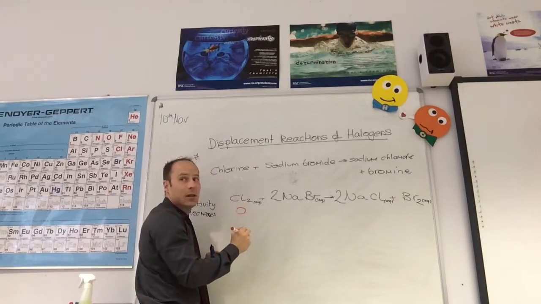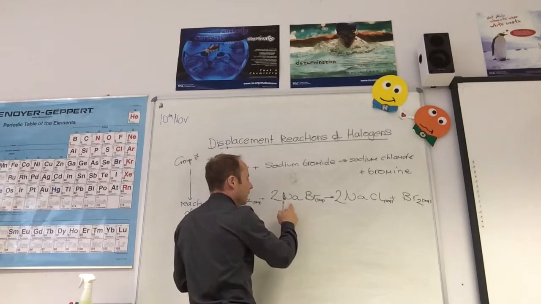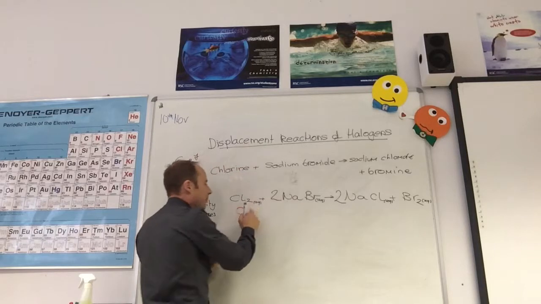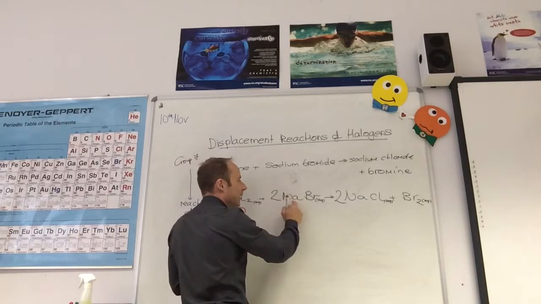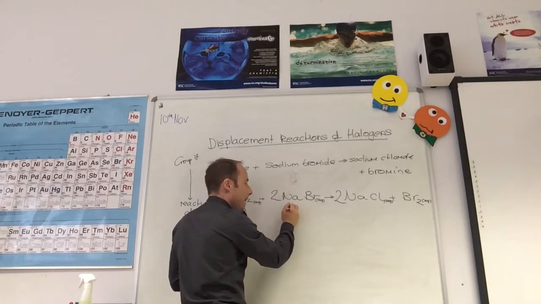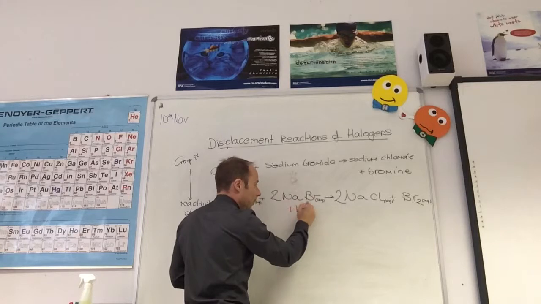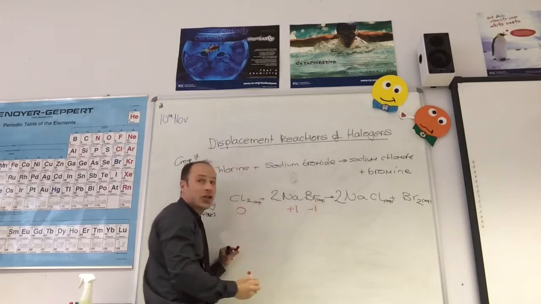Any element, the oxidation number is 0. What about a simple ion like Na+? The oxidation number is +1. For bromide, -1. It's just the charge on the ion.